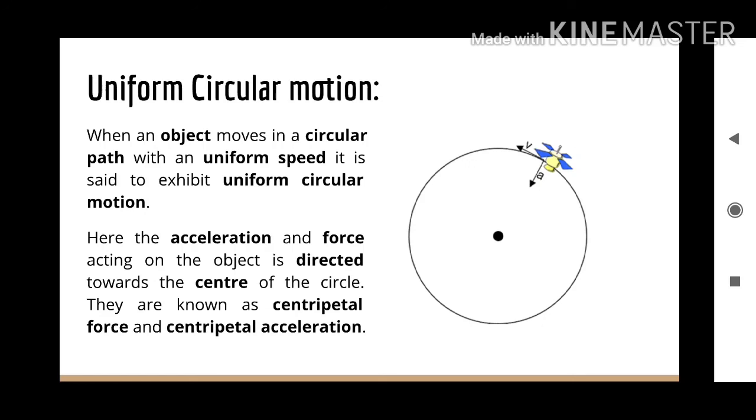The opposite of this, if the force is acting outside or away from the center, is known as centrifugal force. Towards the center, centripetal; away from the center, centrifugal. In uniform circular motion, we always notice a centripetal force, and it is of utmost importance whenever we study planetary motions, satellites.